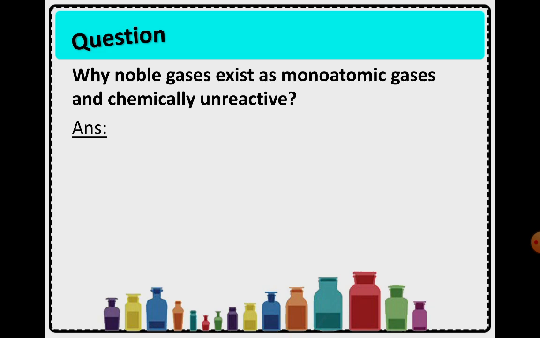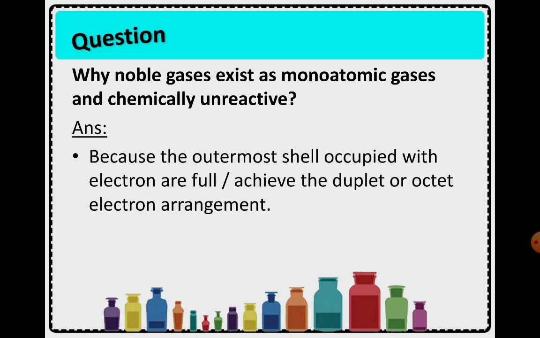Because noble gas atoms have already achieved a stable electron octet or duplet arrangement, because the outermost shell occupied with electrons achieves the duplet or octet electron arrangement. We must say atoms, because we are explaining about atoms. When we talk about electrons, we must use the word atoms.